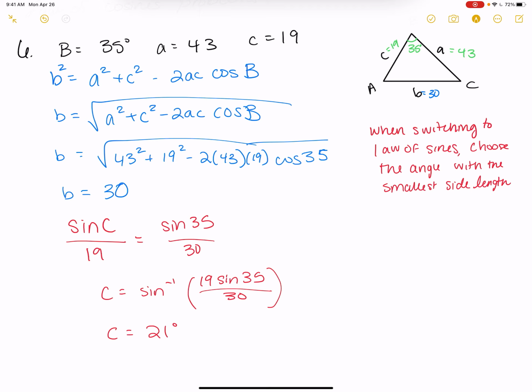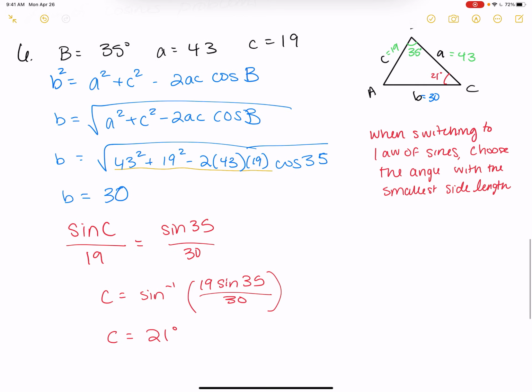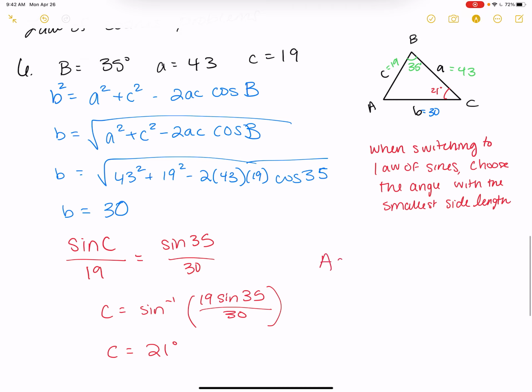21. And then to find the other angle A, what do I need to do? Yeah, 180 minus 21 minus 35, which is 124 degrees.